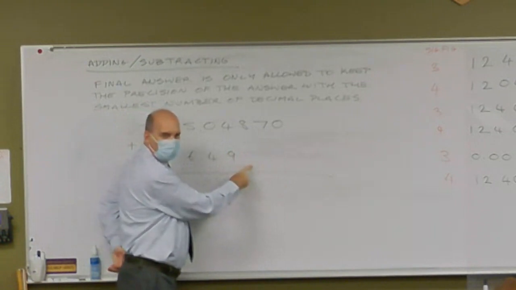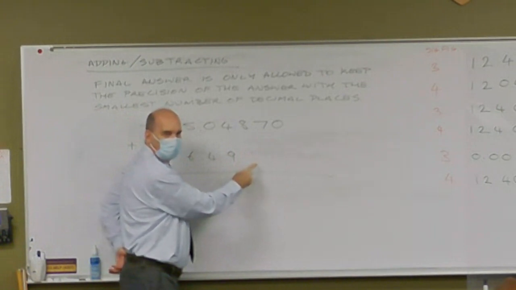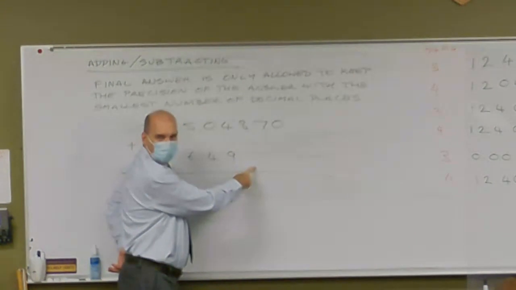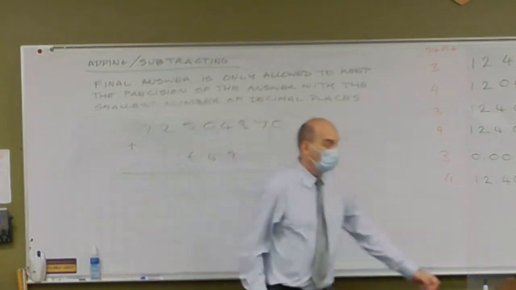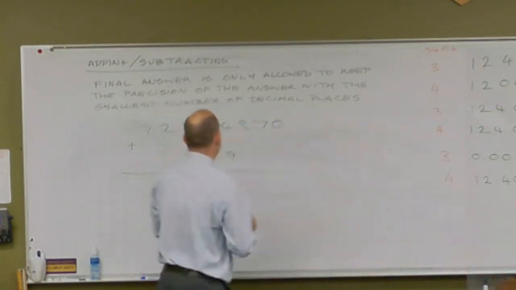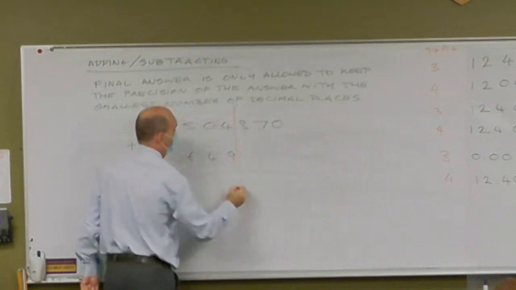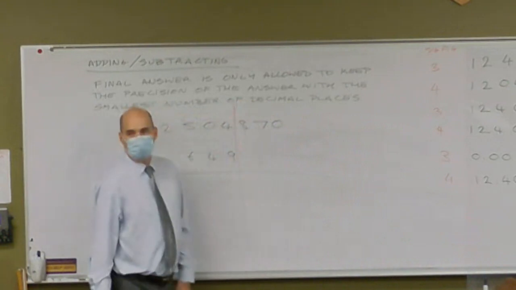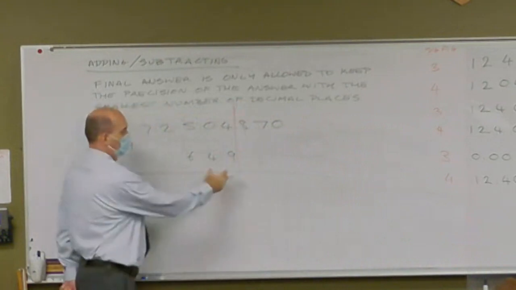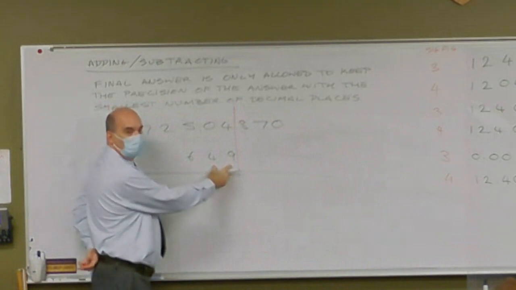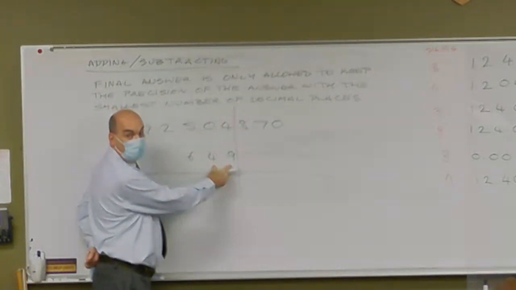I don't know if that's a 1 or a 2 or a 9 or an 8. I have complete uncertainty of what that number is, because it's missing. Which means when I add these two numbers together, I'm only allowed to keep this much. This is the amount with the smallest number of decimal places.